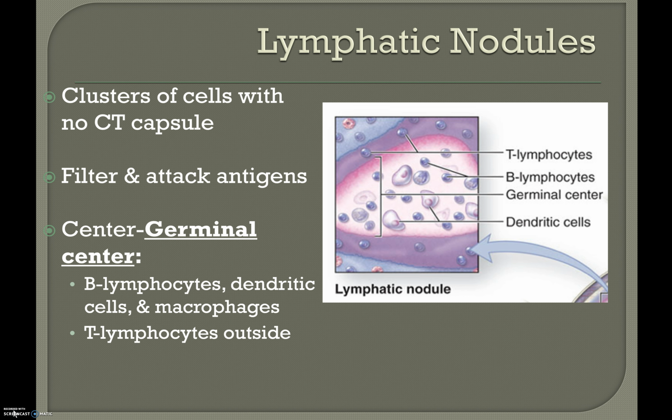On the picture, you are looking at a lymphatic nodule, and the pale pink colored center is called the germinal center of a nodule, and the outer purple part is called the outer part. Now, the inner germinal center has B lymphocytes, some dendritic cells and macrophages, and the T lymphocytes remain in the periphery, in the purple region.